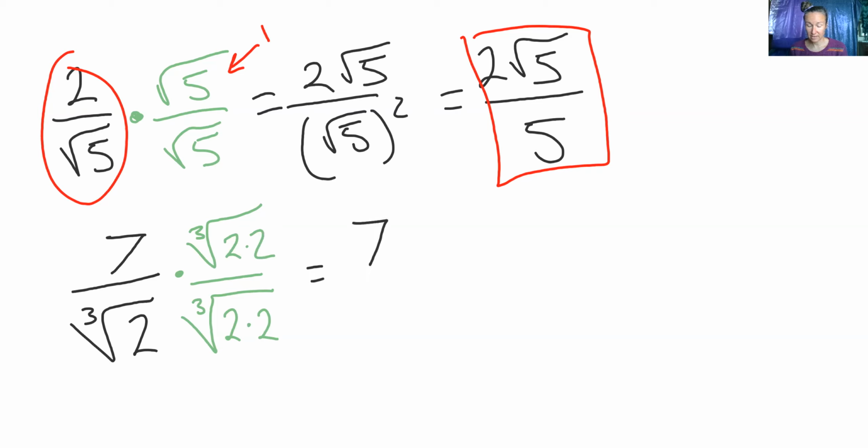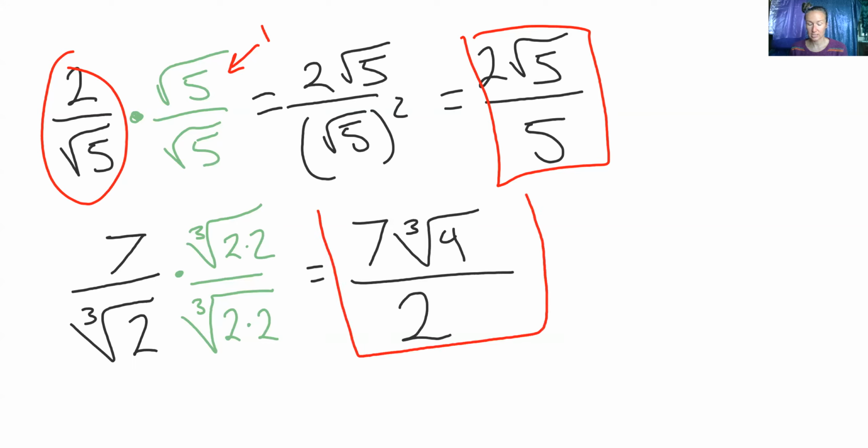So we've got the 7 times the cube root of 4. On the bottom, we've got the cube root of 2 cubed, which is just going to be a 2. Right. So that is how we rationalize the denominator.